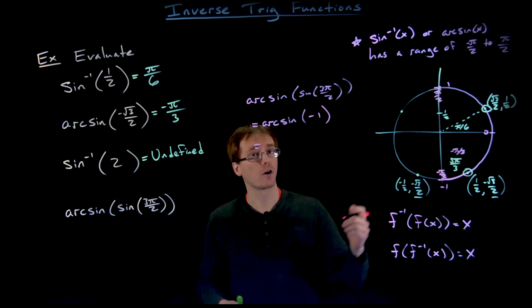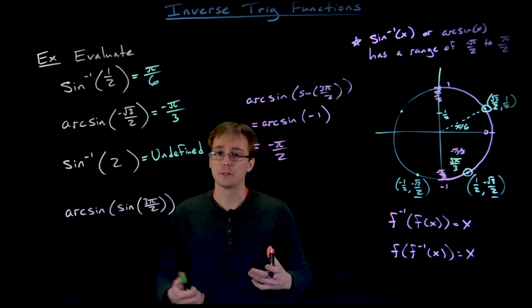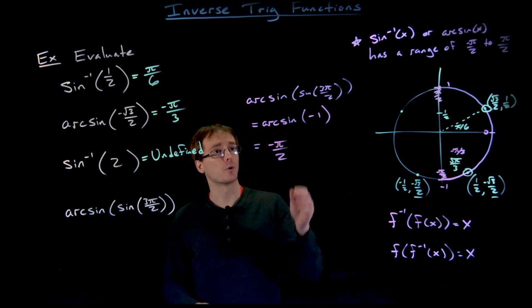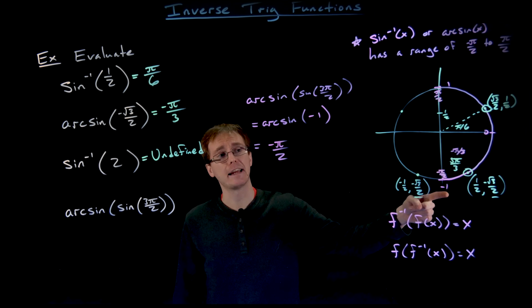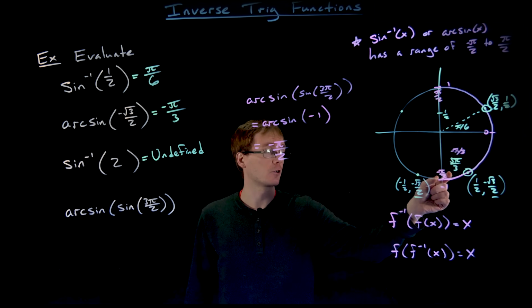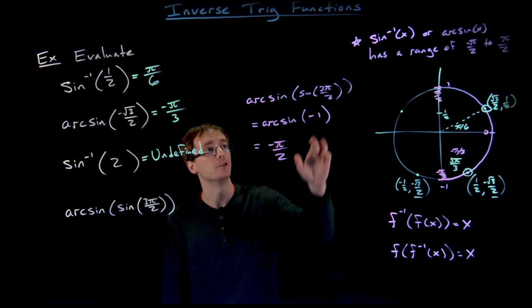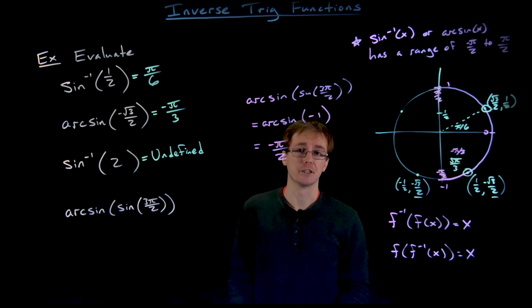And now we can evaluate arcsine of -1 using our unit circle. That's going to be -pi over 2, because what comes out of arcsine has to be that angle where if we take sine of that angle, we get this number, in this case -1, and that angle or arc length is -pi over 2, not 3 pi over 2, because of our restricted domain issue.